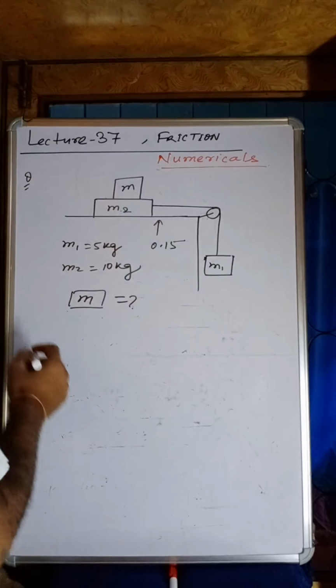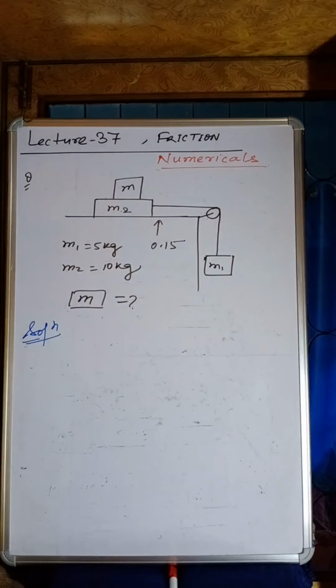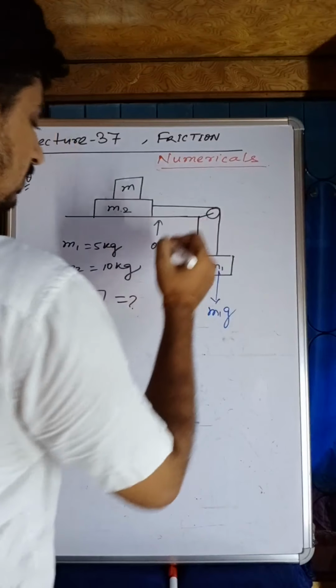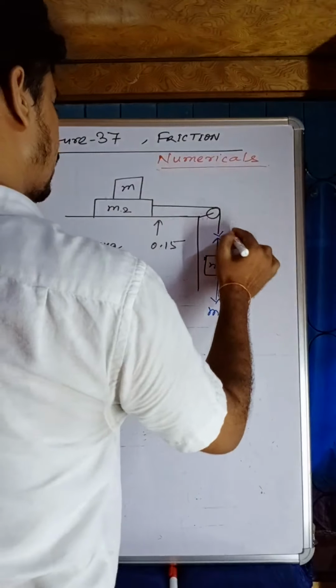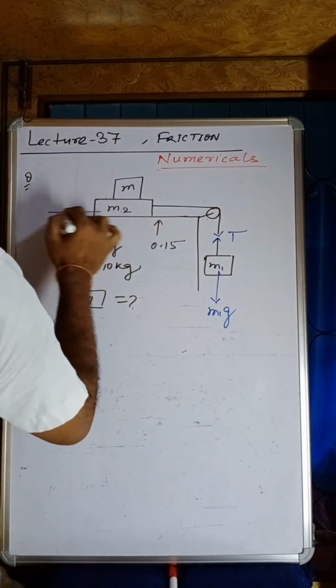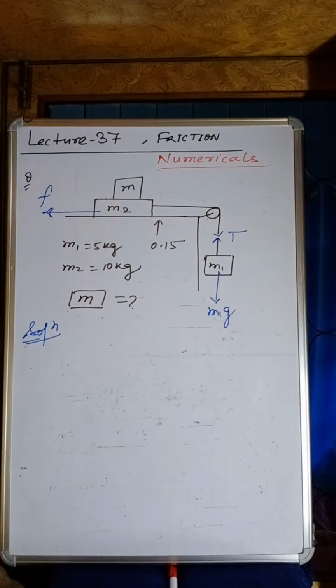Okay. Now, let me solve this question. Look here carefully. Here, the M1g will produce the tension T. My dear students, you know that there must be some friction here. Suppose it is F. To stop the motion, what should be the condition?